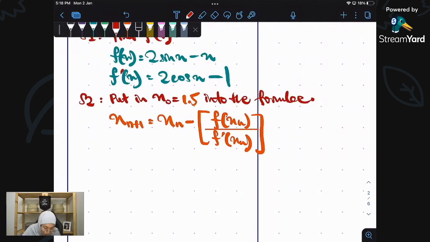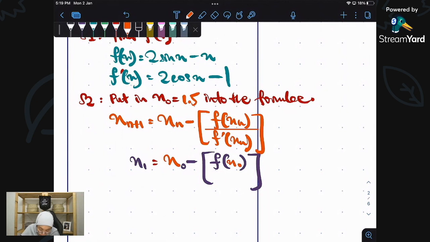Now, since we want to substitute our x naught, we have to write x1 first. This is our x1, equals x0 minus f(x0) over f prime(x0).